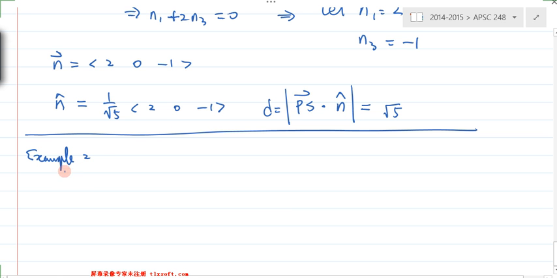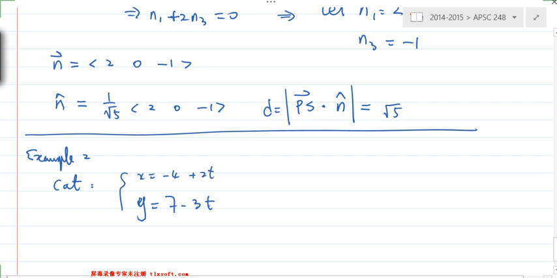So this is a little bit more interesting question right here. Suppose I have a cat which is traveling along a straight line. Okay, so this is Tom. It is traveling along this straight line right here.